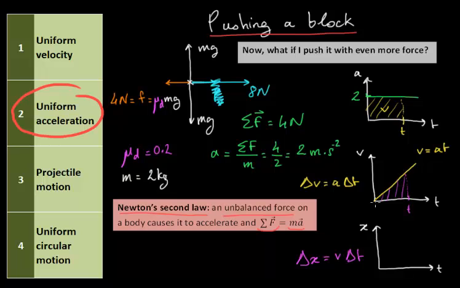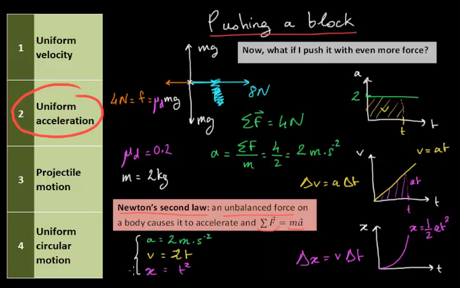This is the integral of velocity until time t, and the height of this triangle is at. The width is t, so the area of that shape is 1/2 of at squared. So I have a parabola that looks like this, and that has an equation 1/2 of at squared.